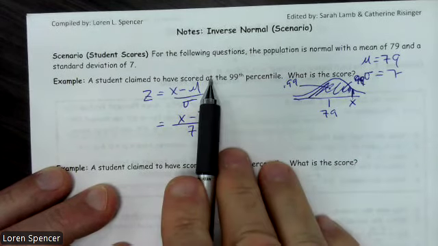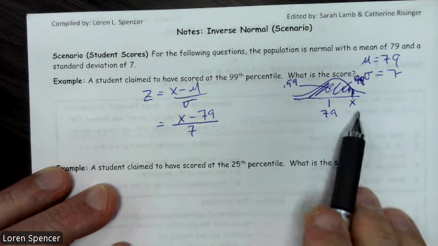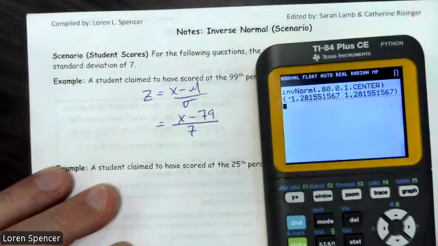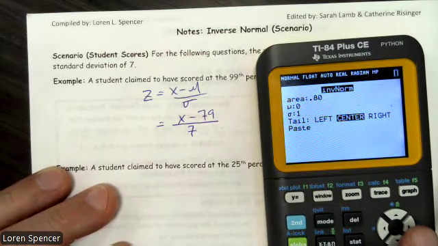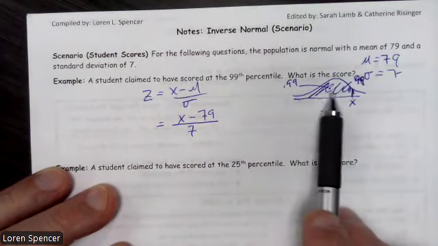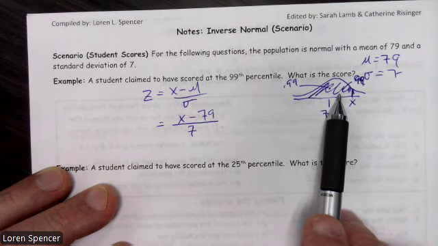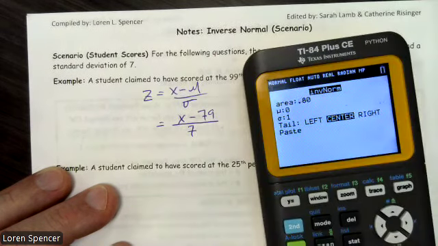Now, I don't have the 99th percentile z-score, but I can get it by doing an inverse norm. So second vars, inverse norm. Now be careful. I'm coming as a percentile, so I'm coming from the left. I need to make sure I have it from the left, 0.99, mean 0 and standard deviation 1 for z-scores.